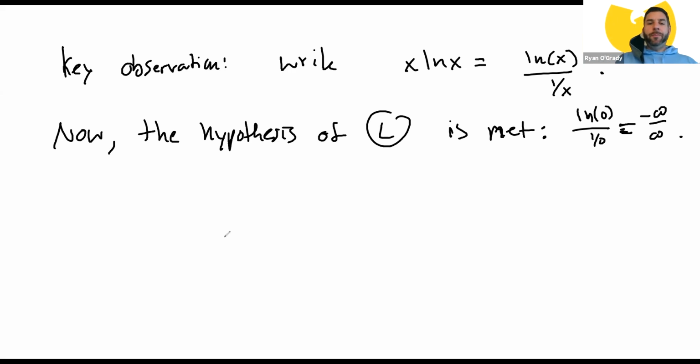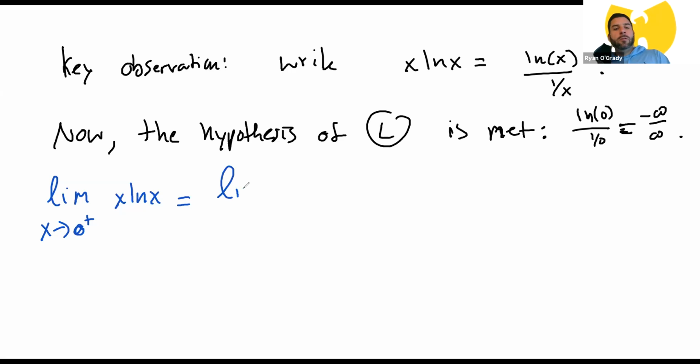Okay, so what can we do? We can now take the limit as x goes to 0 from the right of x log x. By basic algebra, it's the same as this. And by L'Hopital's, we can take derivatives.